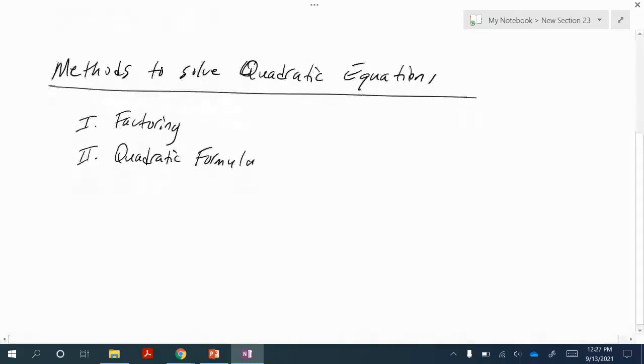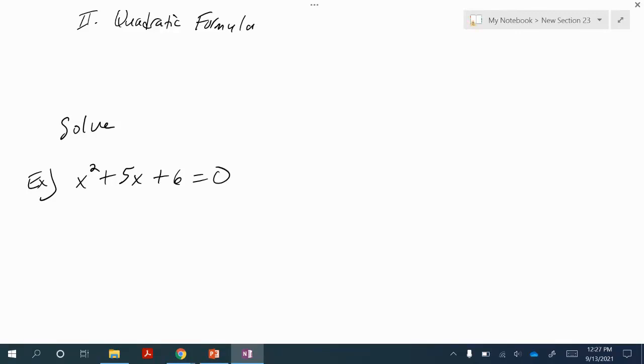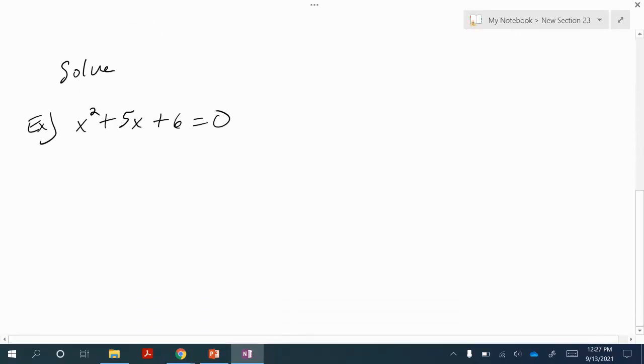All right, so let's take a look at an example. So in this example, we're asked to solve x squared plus 5x plus 6 is equal to 0. Whenever you solve a quadratic equation, the first thing you want to do is make sure that your equation is in standard form.